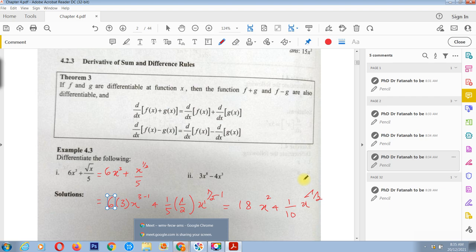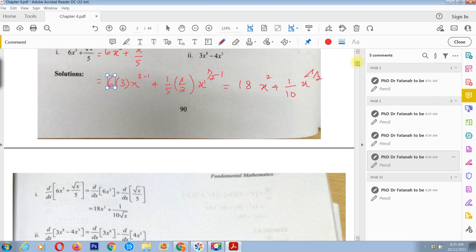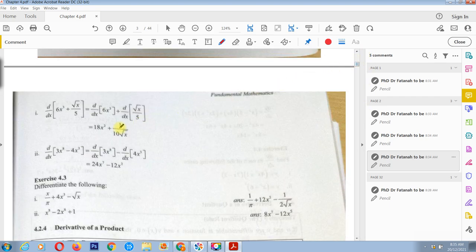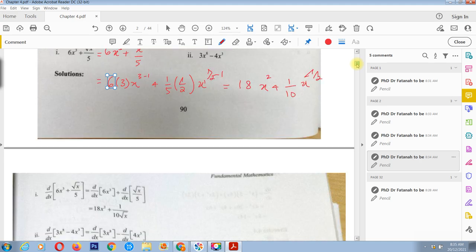Okay, so x to the power of negative 1 over 2 will be a square root. So we know that there is x squared, so we have plus square root of x to the power of negative 1.